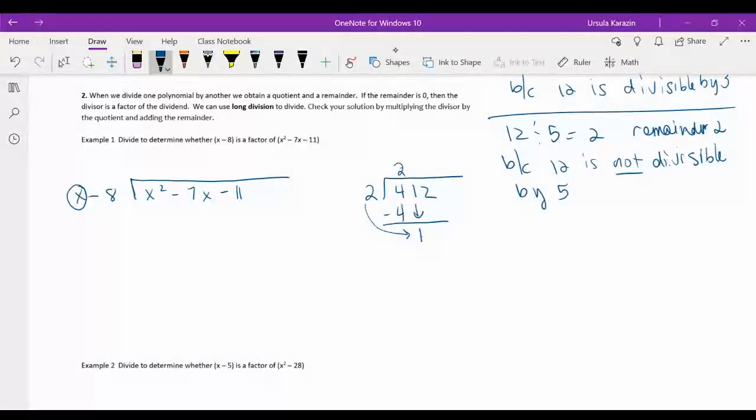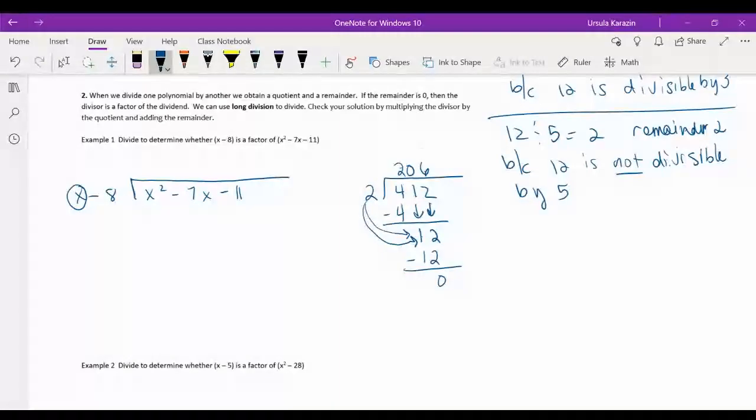It won't go in at all, so we put a 0 and we bring down a number. And then we see how many times 2 goes into 12. It goes in 6 times. We put the 6 at the top, multiply the 6 times the 2, put that there, draw a line, and subtract. And here we won't have a remainder.